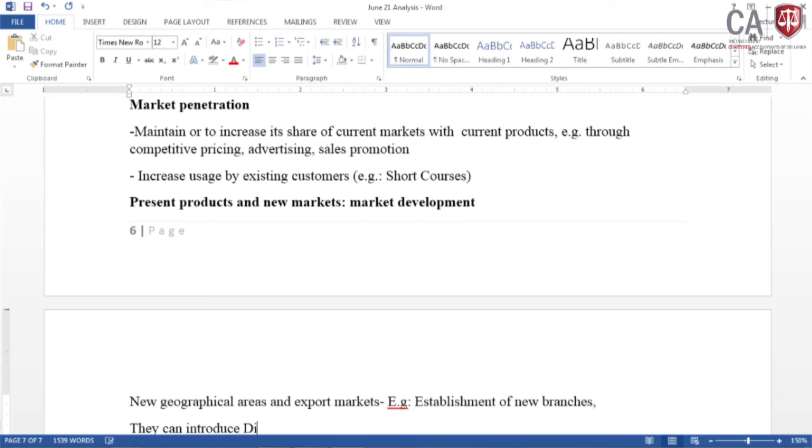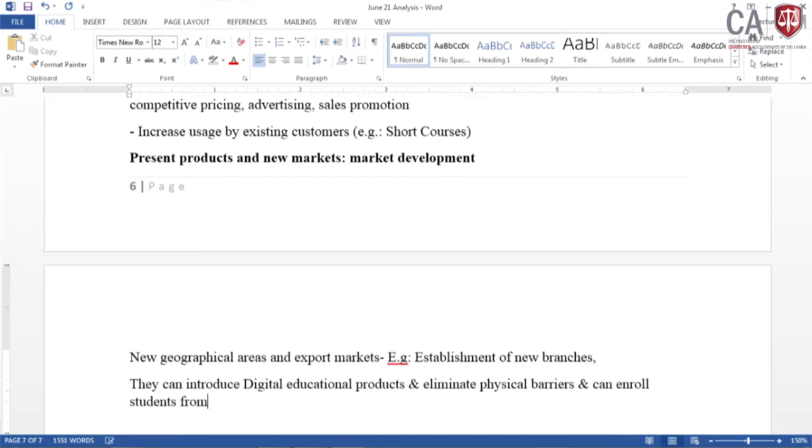They can introduce digital educational products, eliminate physical barriers, and enroll students from foreign countries also.